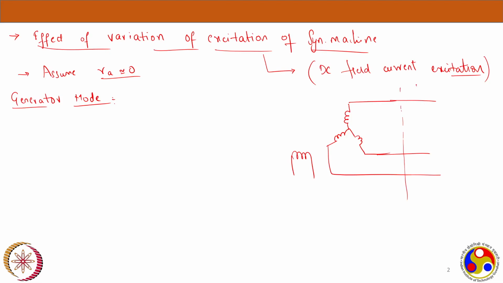Let's say this is the three-phase bus, and I am connecting the stator to it. In the rotor winding, the field winding, I make field current flow, where I provide my excitation.